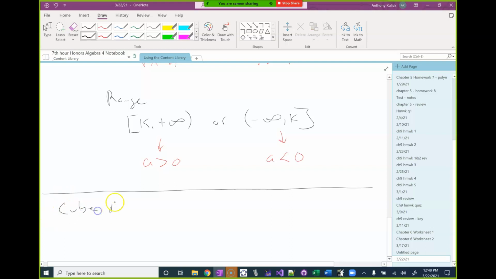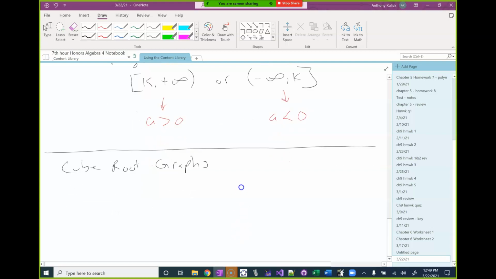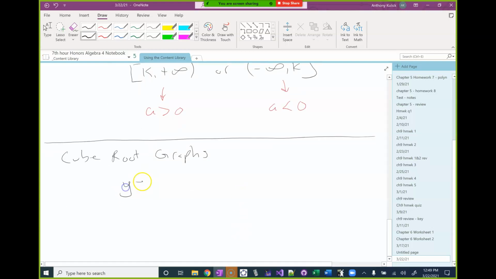So now we're going to talk about graphing cube root functions. When I talk about a cube root function, I'm talking about something that looks like this.